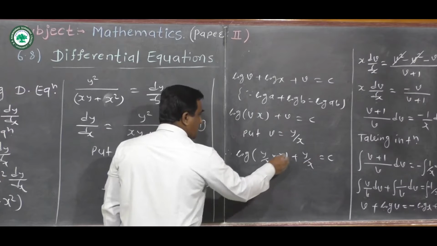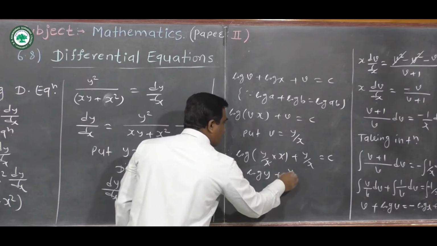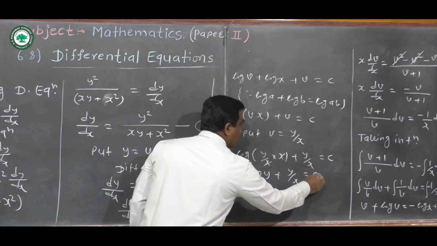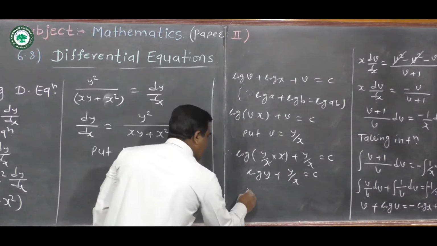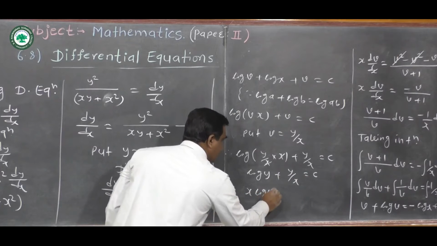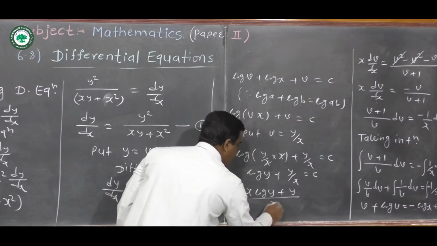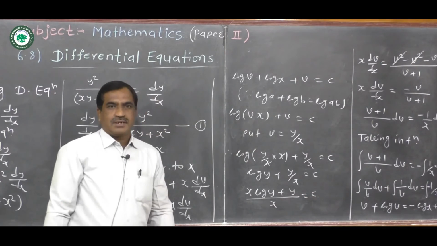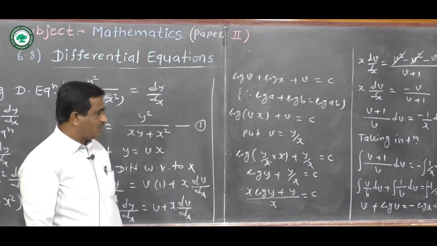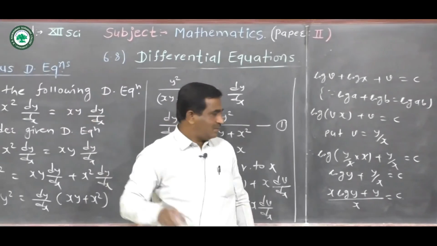Now this x cancels out, remains only log y plus y upon x equal to c. Now this is the required general solution for the given differential equation.